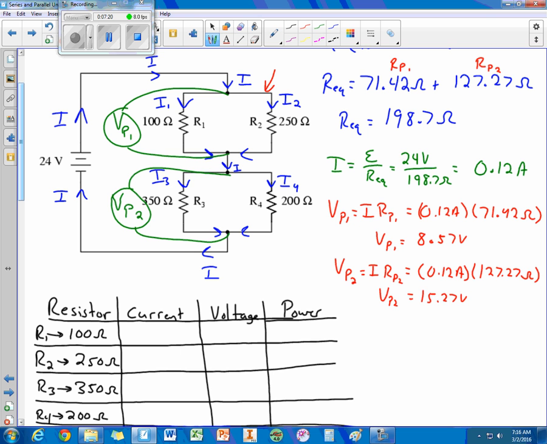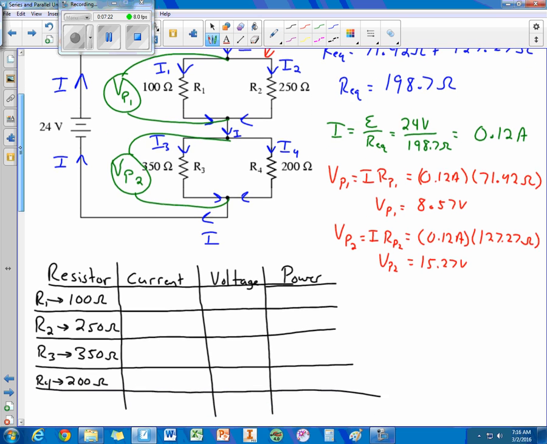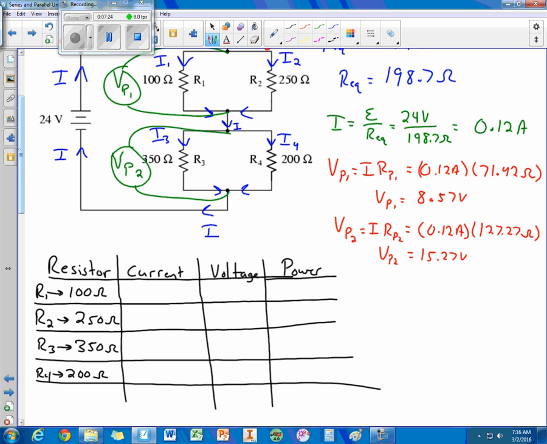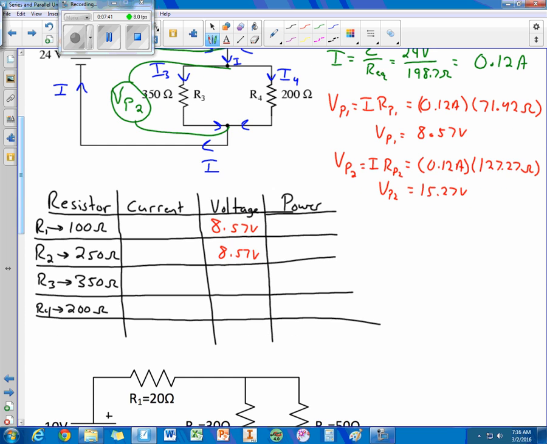So for the voltages in our table down here, for R1 and R2, the voltage will be 8.57 volts. And for R3 and R4, the voltage will be 15.27. And notice that 8.57 plus 15.27 comes really close to 24.